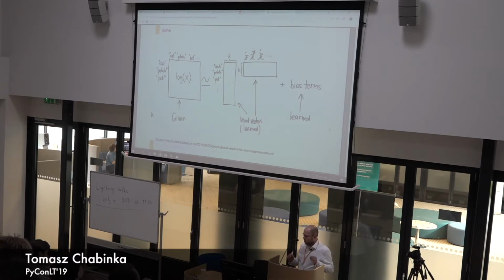When you have all these probabilities, for example, the probability that cat will be in one sentence with potato or with pet, you try to find vectors k such that k times k will give these probabilities. So this is the second approach. This is, I think, newer and quicker than the previous one, but probably a bit more complicated in mathematical terms.